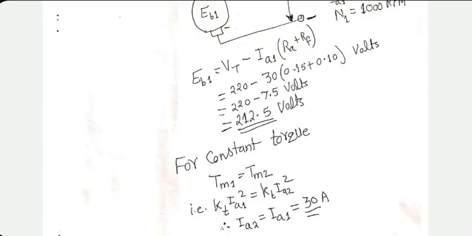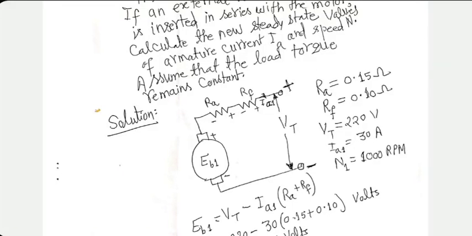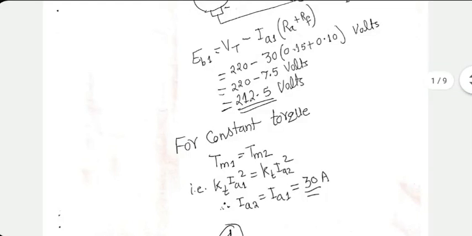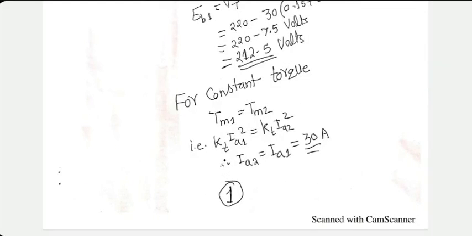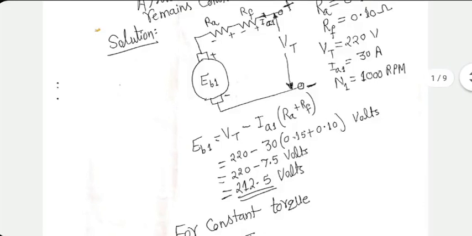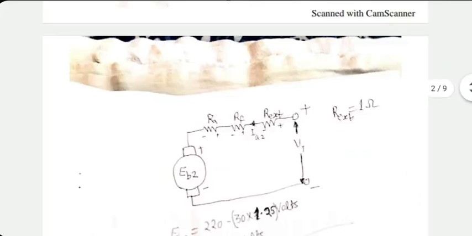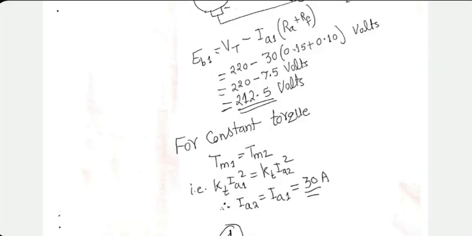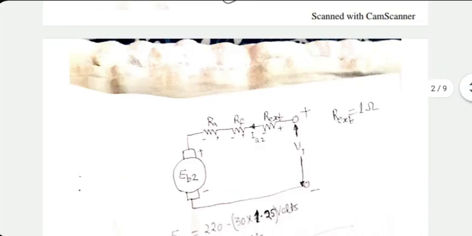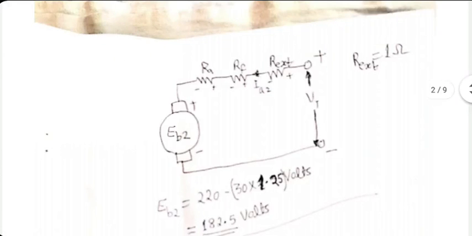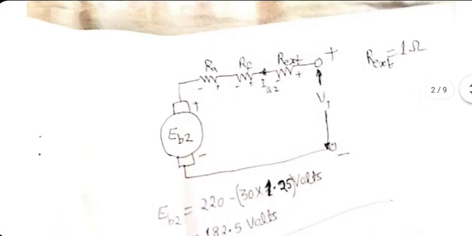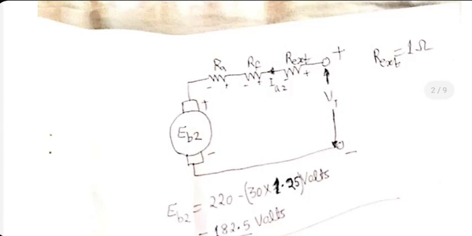That means IA2 equal to IA1. So armature current, even after the external resistance has been brought in, will remain unchanged because you want the same torque. It is still 30 amperes. IA1 and IA2 are same because of constant torque. If torque were proportional to speed square, then it would be a very different story. So second case is where R external has been brought in, but current remains still 30 amperes.